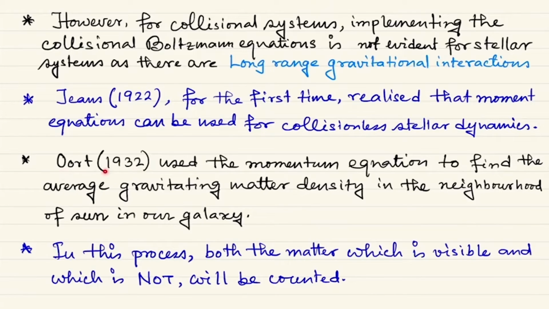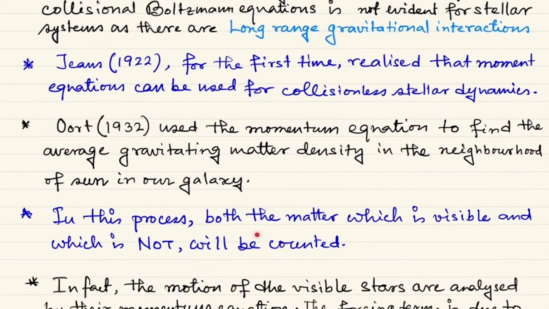Now Wood in 1932 used the momentum equation to find the average gravitating matter density in the neighborhood of the Sun in our galaxy, the Milky Way. In this process, both the matter which is visible and which is not will be counted.